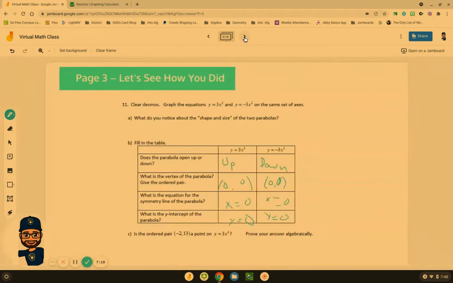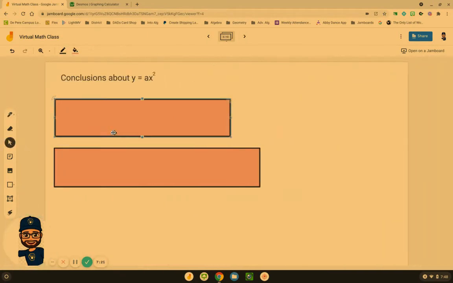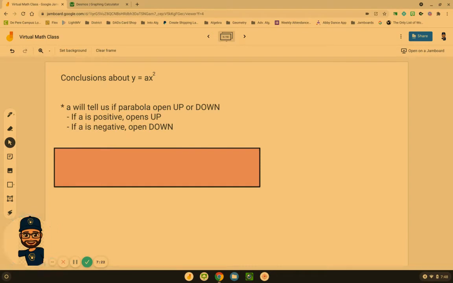Okay, what does that number do? Well, one of the things that it does is it tells us if the parabola opens up or down. If that a value was positive, we got a graph that looked like a capital U. The parabola opened up. If the a value was negative, like negative 3x squared, it would open down. So that's one thing the a value tells us.